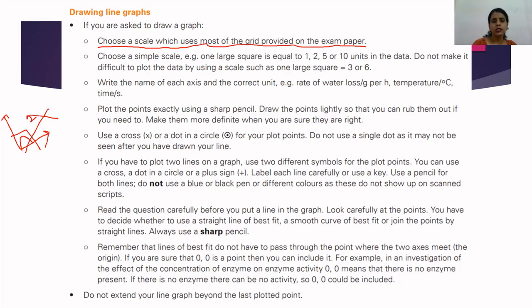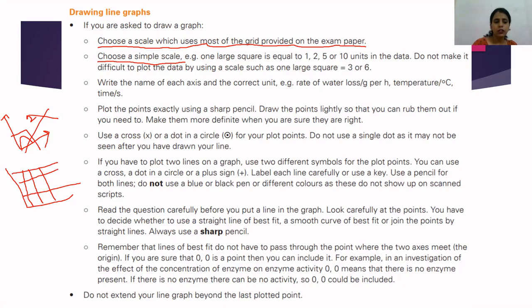Then next is choose a simple scale. Simple scale in the sense 1 large square is equal to 1, 2, 5 or 10 units in the data. Because in a question you will see that one graph is given, and on this graph we have these lines which actually make squares.